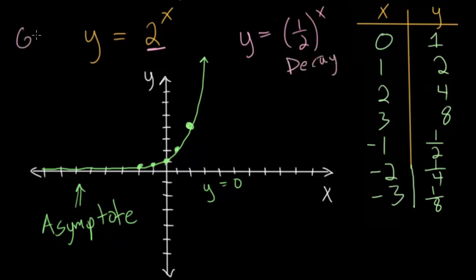So this is the case of growth over here, and this is the case of decay. And basically, it'll still go through the point (0, 1), but then all of the values are essentially flipped or reflected about the y-axis. So (-1, 2), (-2, 4), and so on. So this function comes down like this, and the asymptote's still the same. It's this x-axis, or y equals 0.